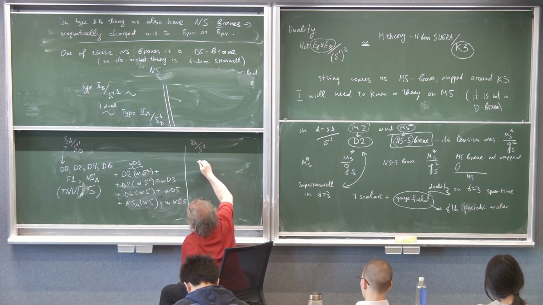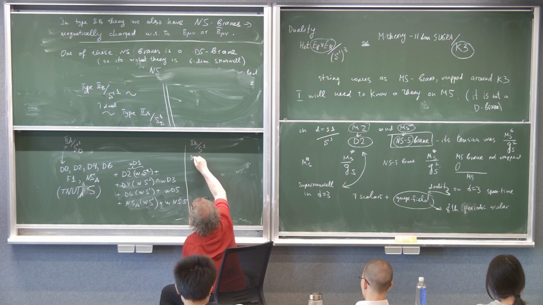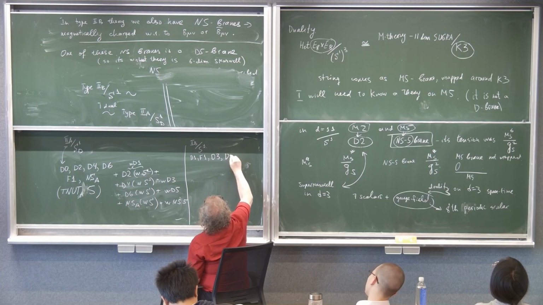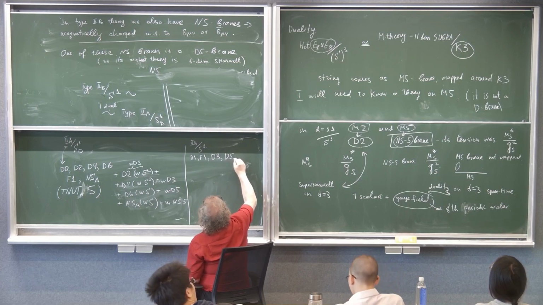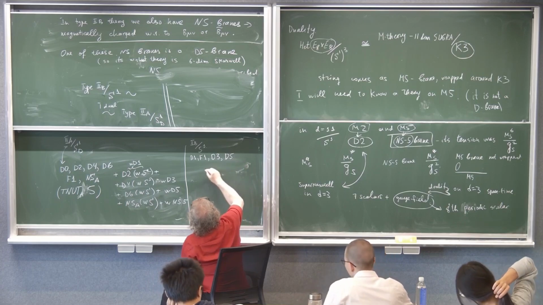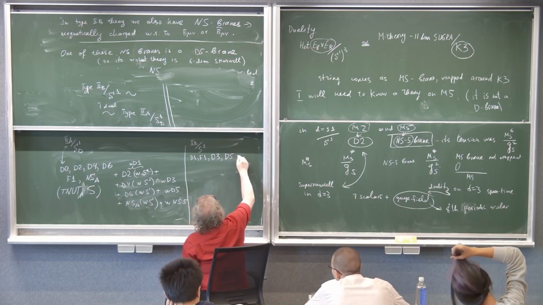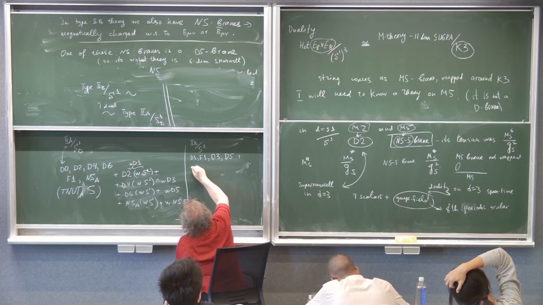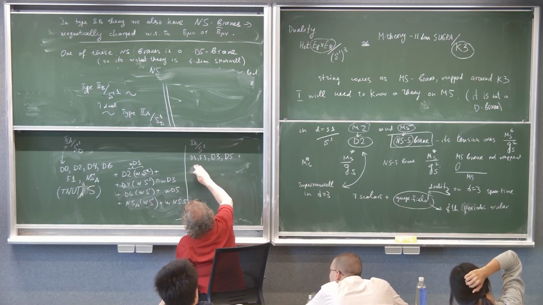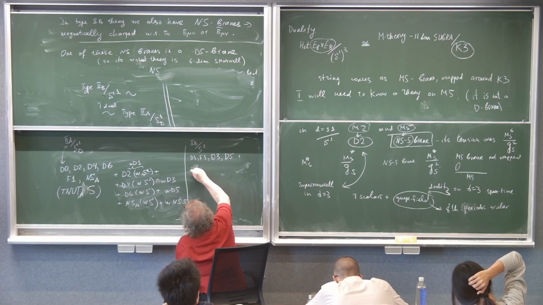We will get D1, F1, D3, D5, non-wrapped, plus, okay, I will call it wrapped.